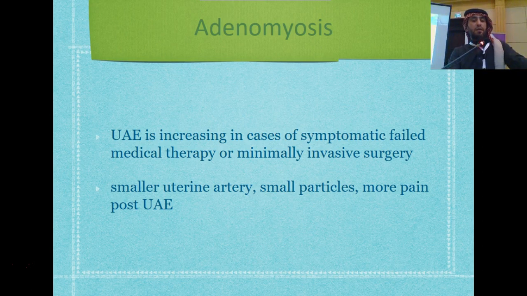Now, in the adenomyosis patient, the technique and even the angiographic anatomy is different than fibroid. The uterine arteries are smaller. We tend to use smaller particles for embolics, and we tell the patient pain will be much higher than treating a patient with fibroid.